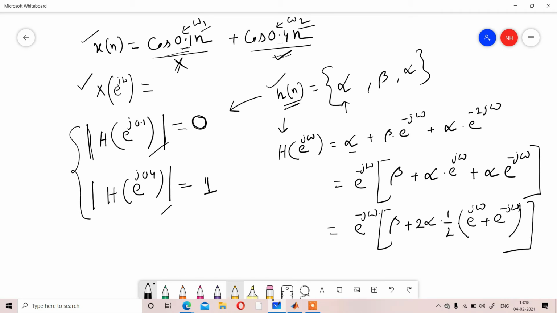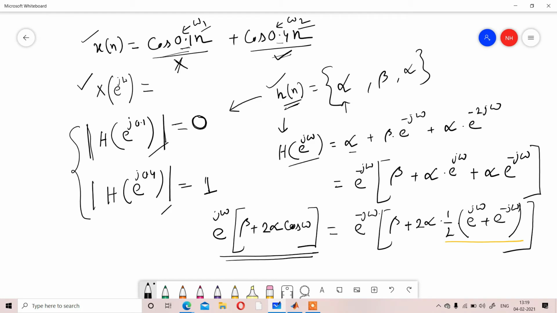So that part defines the cos omega. So simply the response is e to the power minus j omega times beta plus 2 alpha cos omega. So that is your h e to the power j omega.